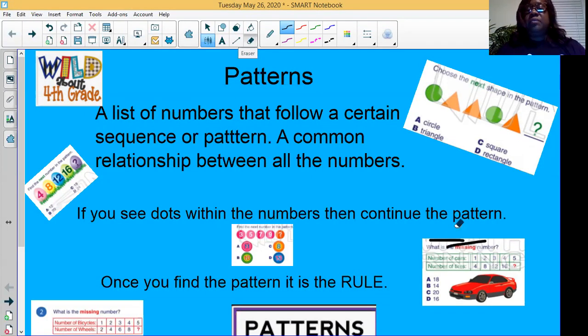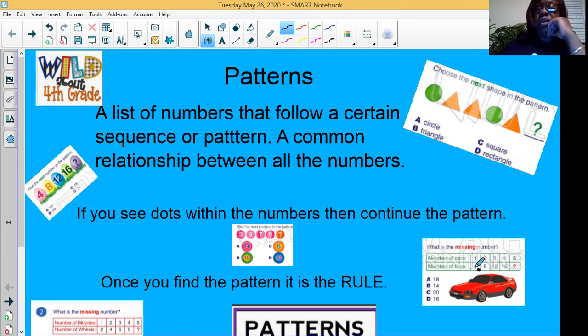You know that one car has 4 tires, 2 cars have 8 tires, 3 cars have 12 tires, 4 cars have 16 tires, and for 5 cars, we have to figure out what goes right here. Let's look at the relationship of the number of tires for each car.